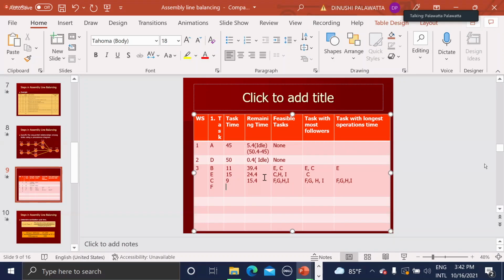And then what will remain is 3.4. And feasible tasks, no. So this 3.4 is going to be idle.